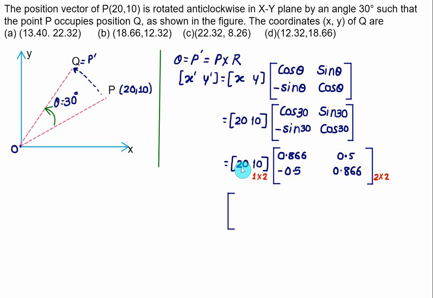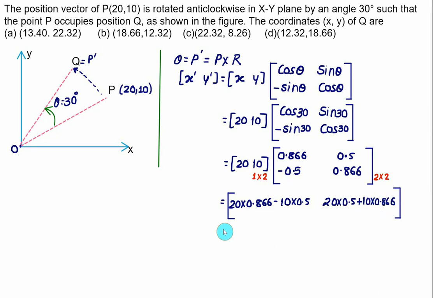So we have 20 multiplied by 0.866 minus 10 into 0.5. Then we have the row multiplied by the second column. So we have 20 into 0.5 plus 10 into 0.866, which is 8.66.